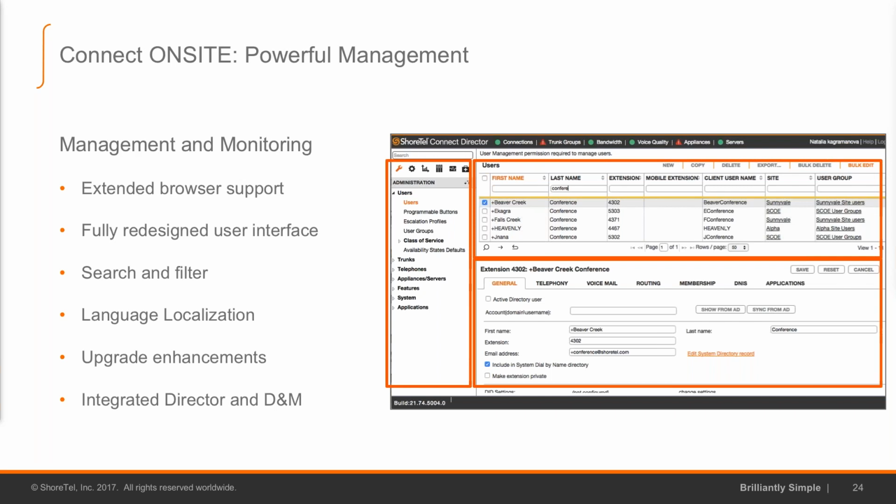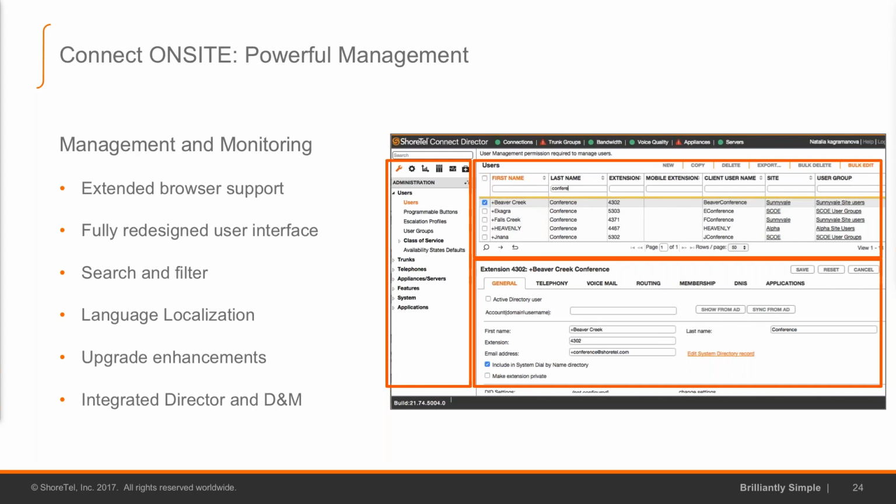That's all the different areas of the interface that you can click on. Then the first box, the rectangle over on the right-hand side, are the actual details, and then down below are the specific parameters. So if I go to users, as you can see in this screenshot here, and then I click on a phone in the top box, down at the bottom are all the details for that phone.